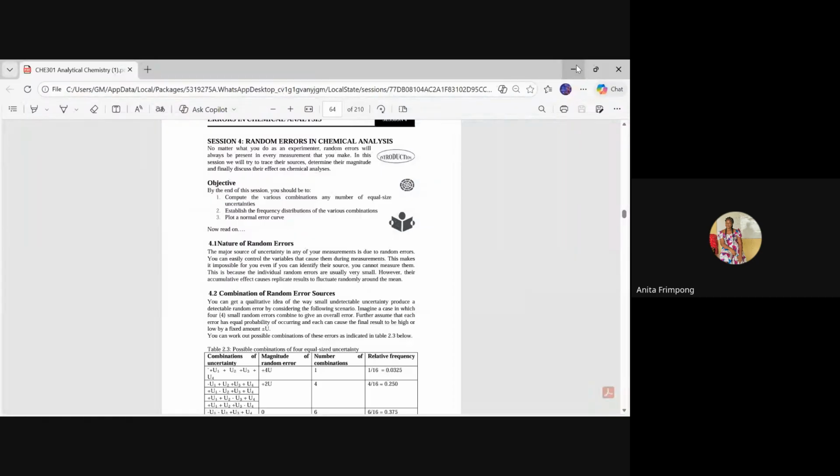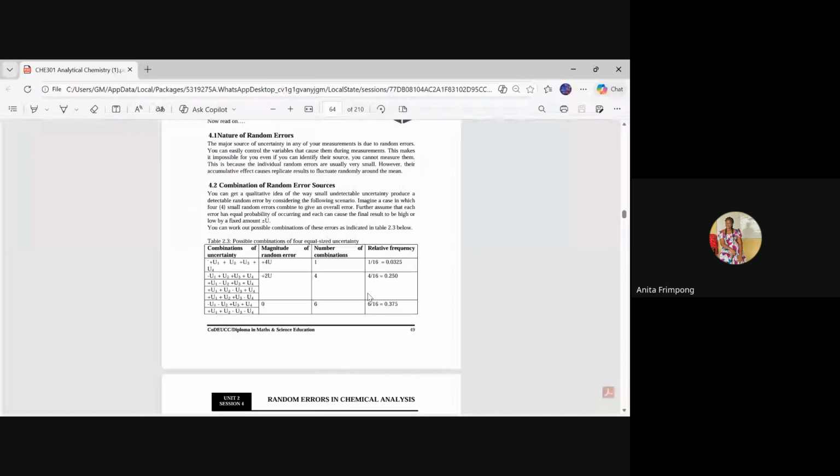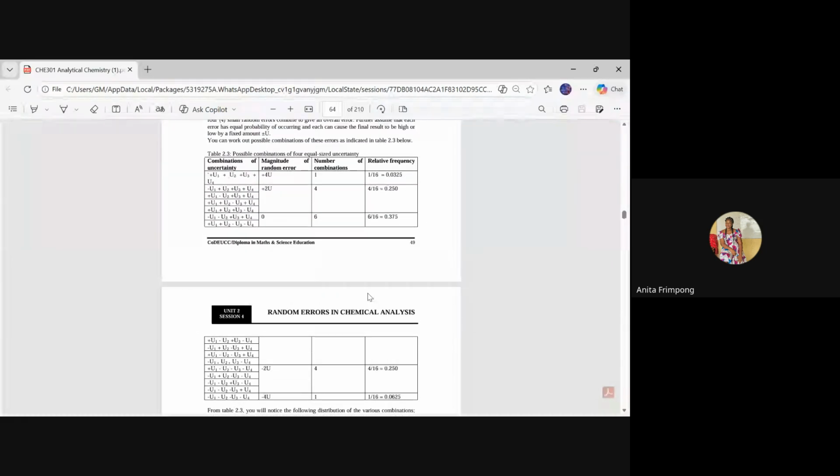Further assume that each error has equal probability of occurring and each can cause the final result to be high or low by a fixed amount, plus or minus U. You can work out possible combinations of these errors below. That's Table 2.3, possible combinations of 4 equal sized uncertainties.